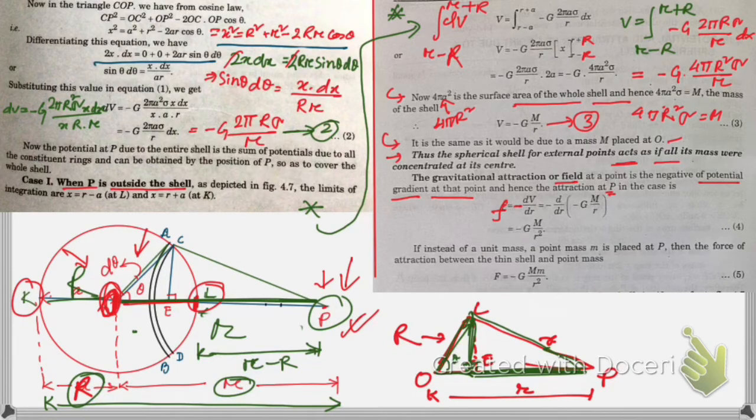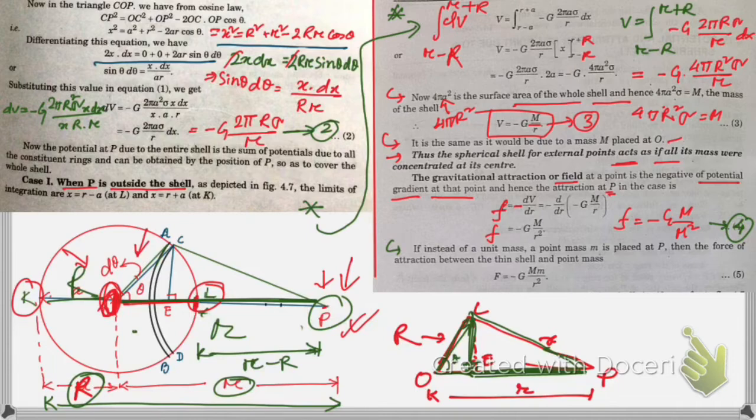And if you put the value of V here, V is equal to minus G capital M by small r, that is, if you use equation number 3 here, then at the end you will get F is equal to minus G capital M by small r square, and let us suppose this is equation number 4.